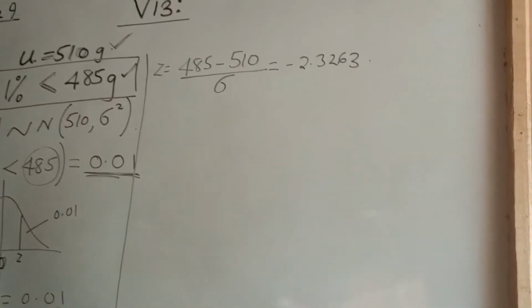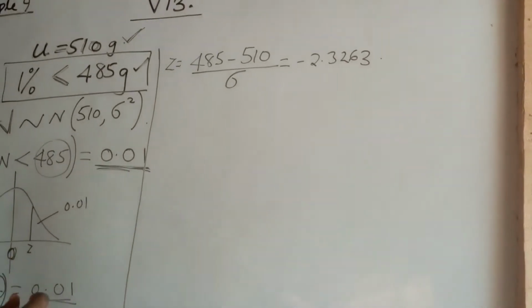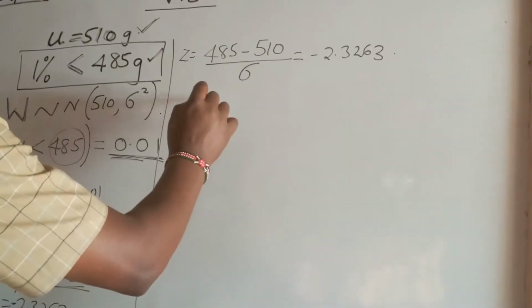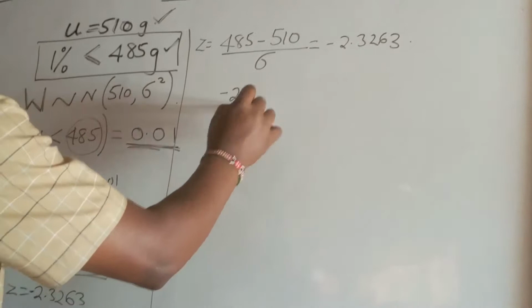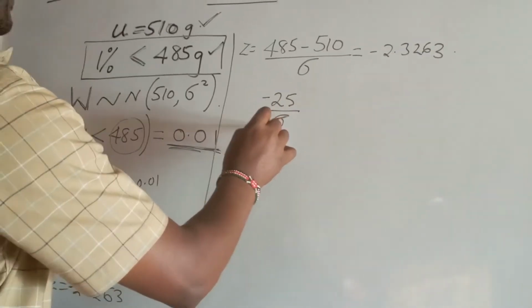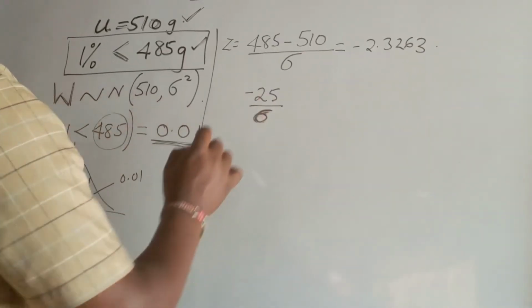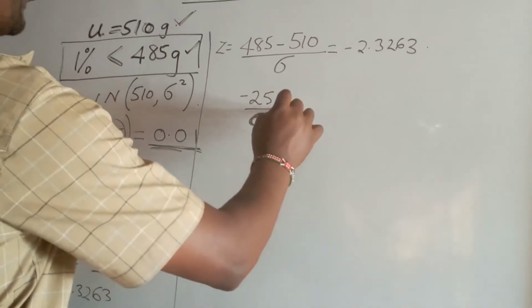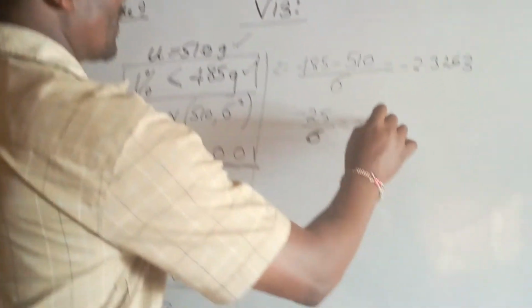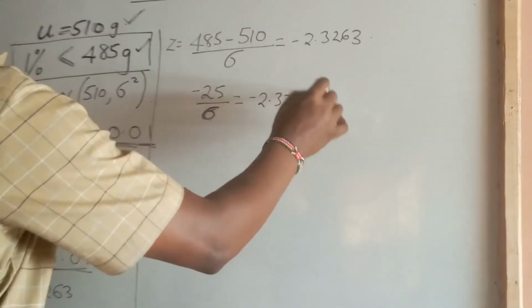Of course, 485 minus 510 is negative 25 over the standard deviation, which is going to give us minus 2.3263.